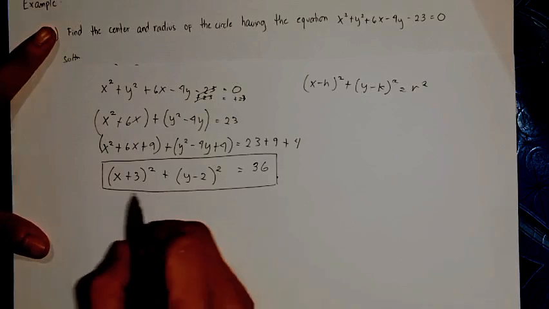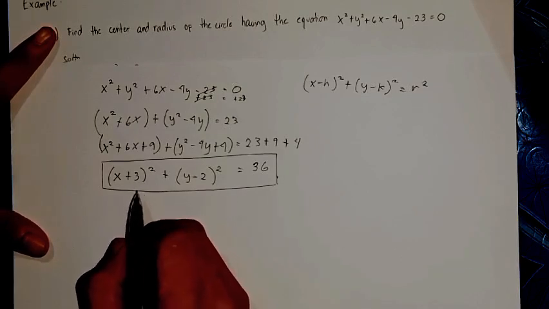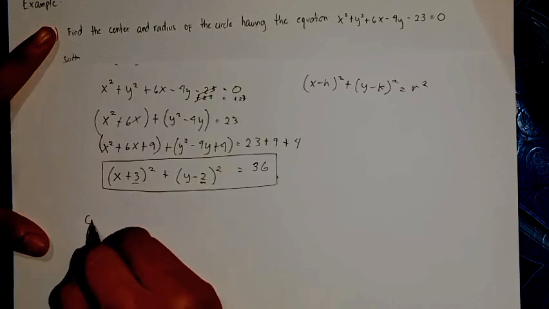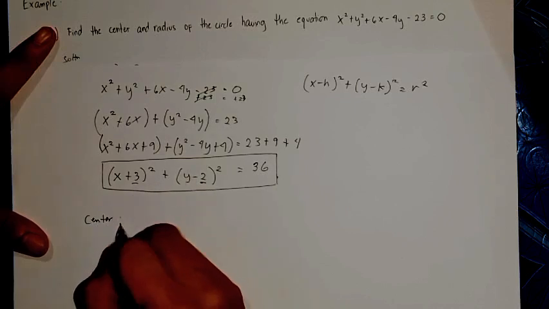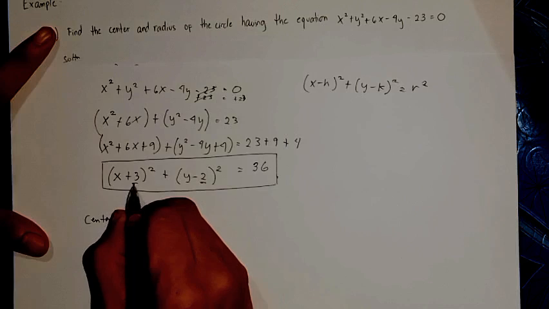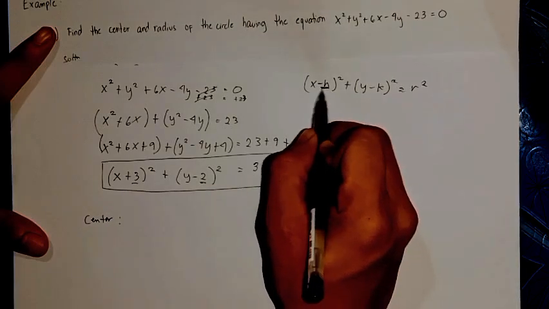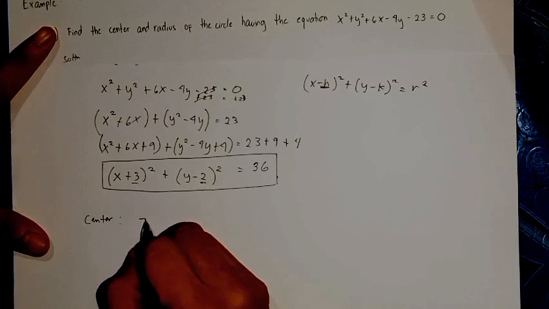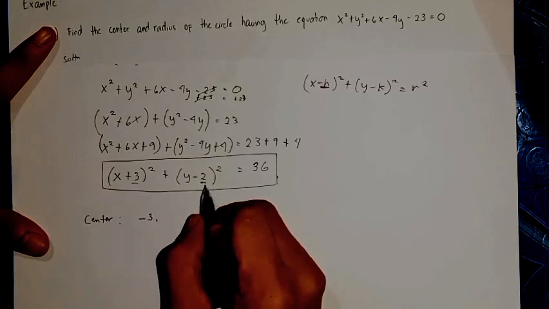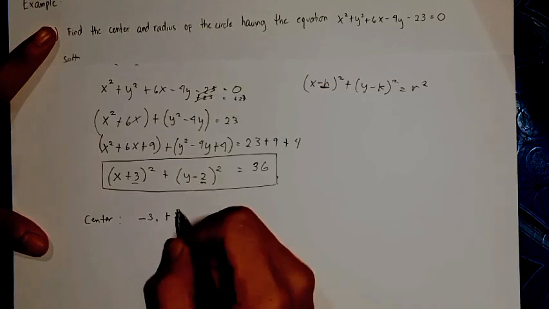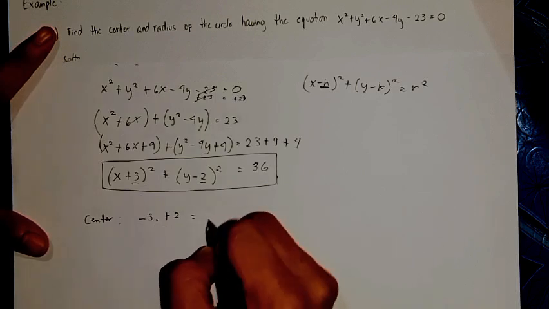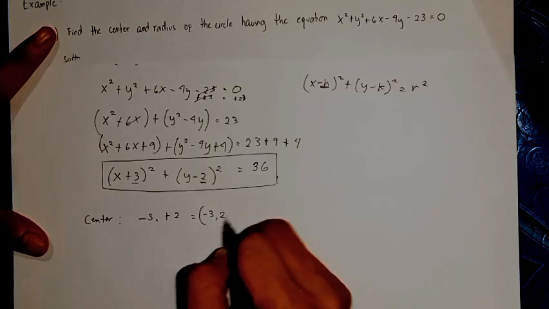Remember that the center of the circle is (h, k). Since it is positive here and the standard form has negative h, our center is negative 3 and positive 2.